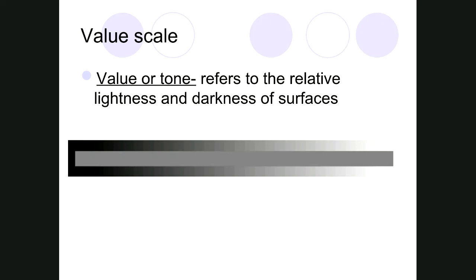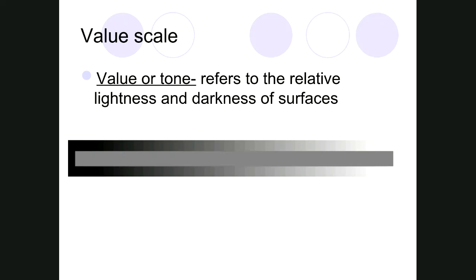So here we have what appears to be a bigger rectangle that gradates from black to white in the background, and then we have this gray one that also appears to go from light to dark in the middle. But if you look closer, you can actually see that this middle gray rectangle is all the same. And so it only appears to be darker on this side because it's surrounded by a lighter value.